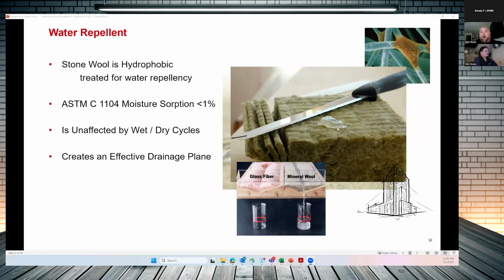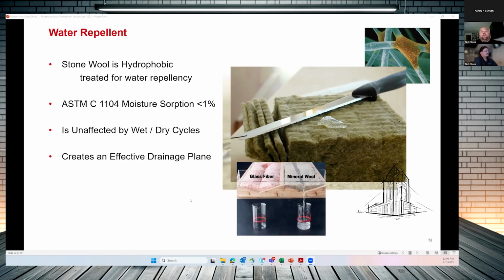You can see the water that's sitting on here, and those water molecules are being resisted by the insulation because of that binder. Think of it like when you're at home and you're cooking. What happens when you put oil and water together, right? They repel away from one another, and that's essentially what you're seeing here. So as we get wet, we repel and keep that out of our fibers. We're unaffected by wet-dry cycles.